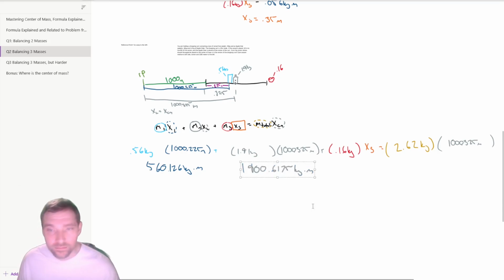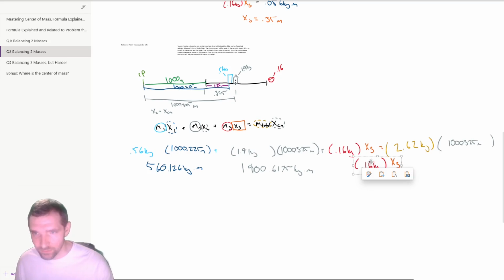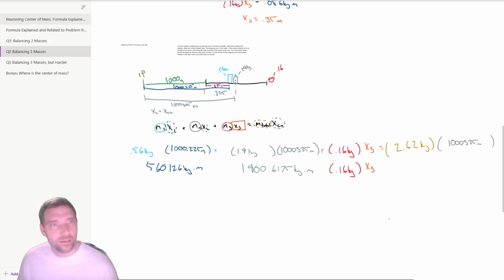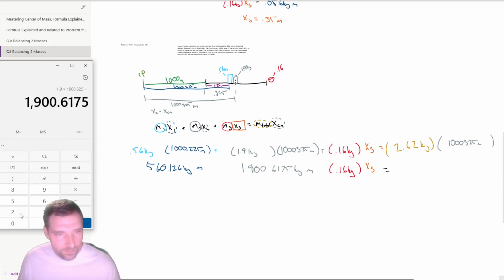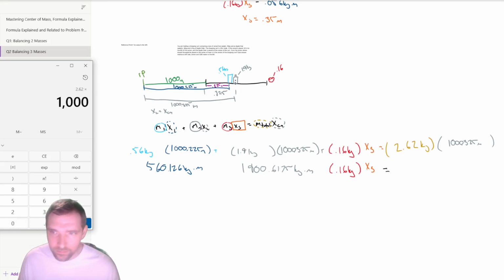And we've got this unknown times the 0.16 kilograms, which is now equal to 2.62 times 1,000.325.